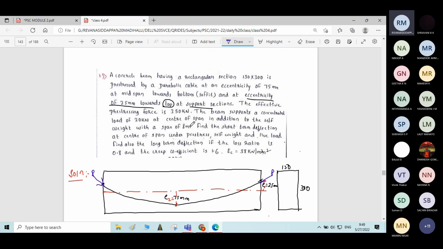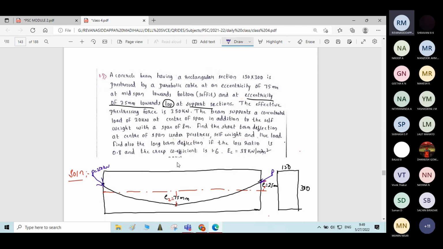Then moving ahead, the effective prestressing force is 350 kilonewton. The beam supports a concentrated load of 20 kilonewton at the center of the span in addition to the self weight.